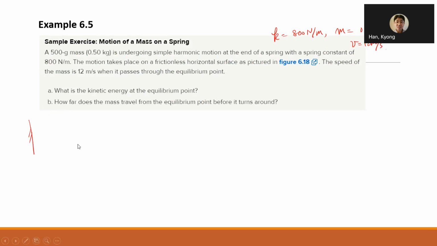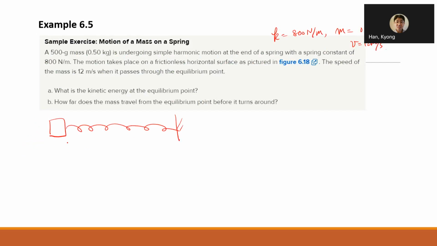6.18. What is 6.18? Yes, this spring is attached to this block, and the spring is stretched.